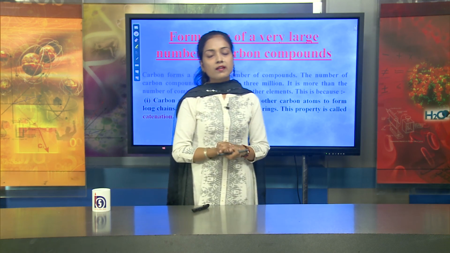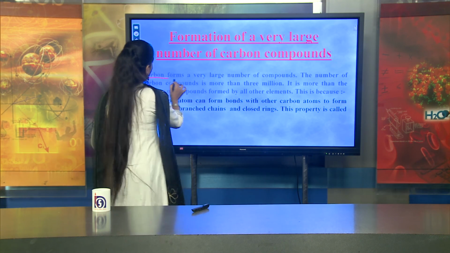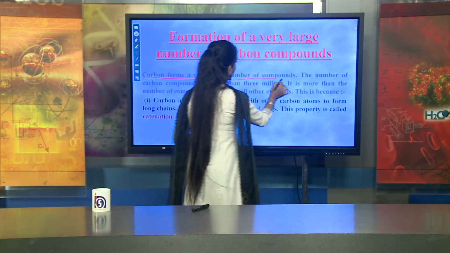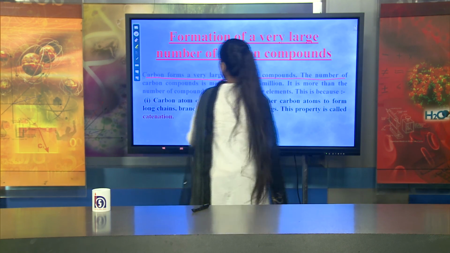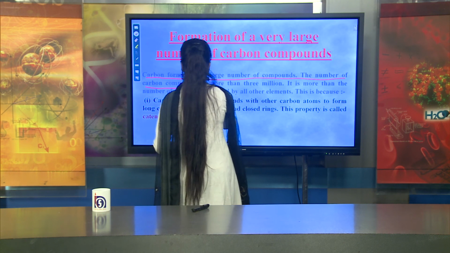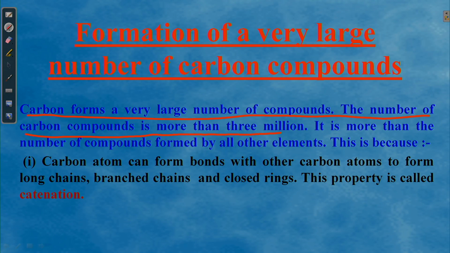Next we are going to discuss a very important property of carbon, that is the catenation property. Carbon forms a very large number of compounds. The number of carbon compounds is more than 3 million. It is more than the number of compounds formed by all other elements.